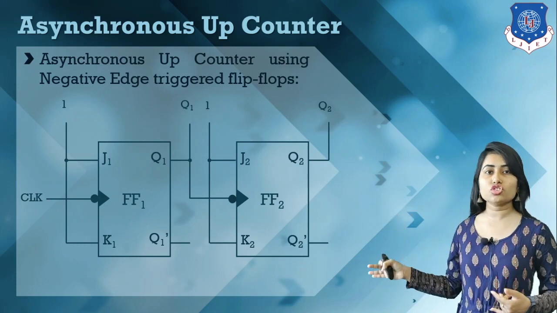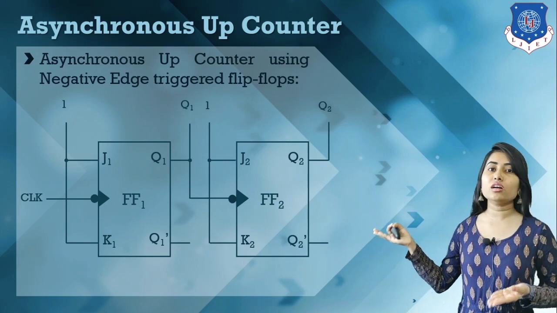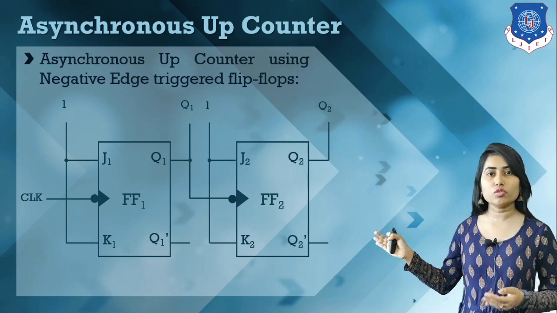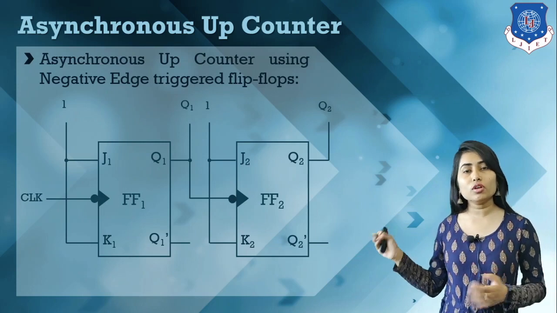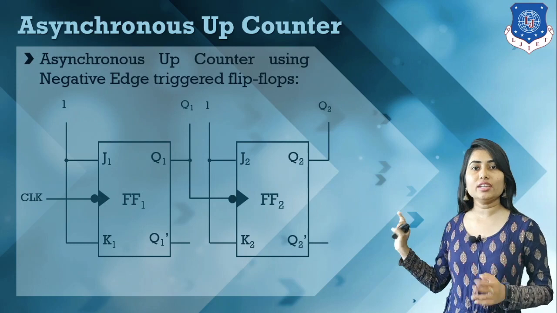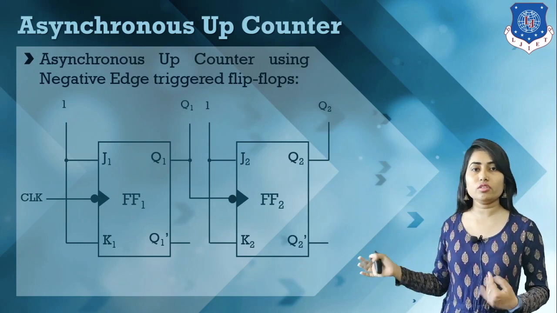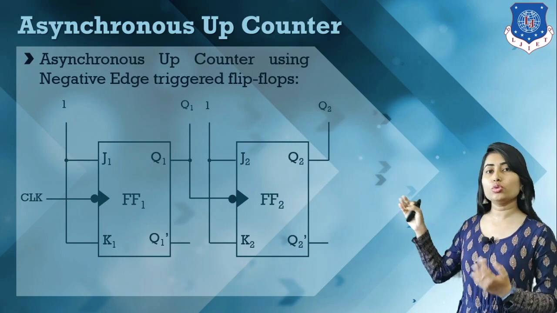Either we use JK or we simply use T and apply the value 1. So in an asynchronous counter our flip-flops will work in toggle mode only. Here J1, K1 are 1, Q1, Q1 dash, J2, K2 are 1, and Q2, Q2 dash.